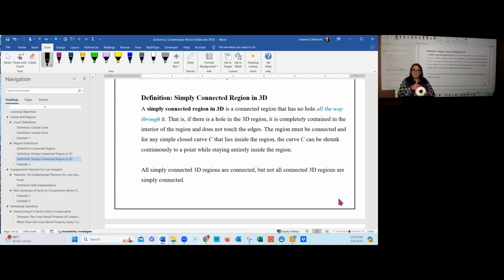And the reason is, sooner or later, that loop is going to hit this hollow interior. This hole passes all the way through from one edge of the region to the other edge of the region. And that means that this particular region is not simple, so it is not simply connected.